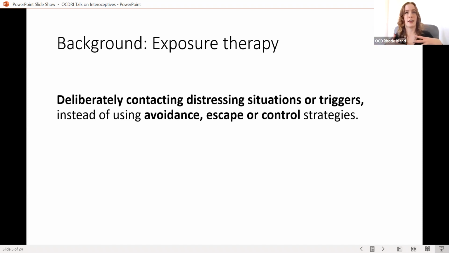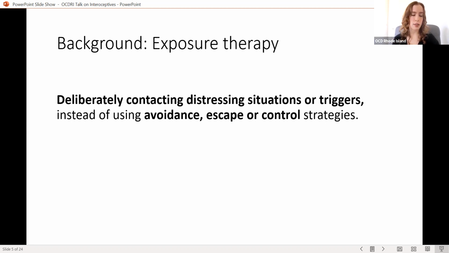It's kind of like the clinical psychology jargon for face your fears, right? The conventional wisdom of facing your fears. It means purposely getting in contact with these distressing situations instead of using avoidance, like I said, because avoidance doesn't actually work very well as a long-term strategy, which I'll explain in a moment why that is.